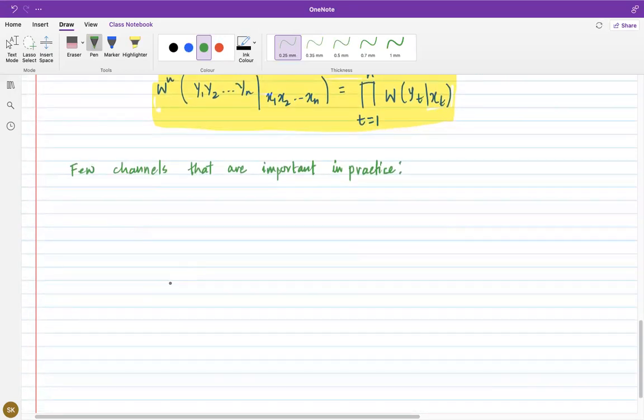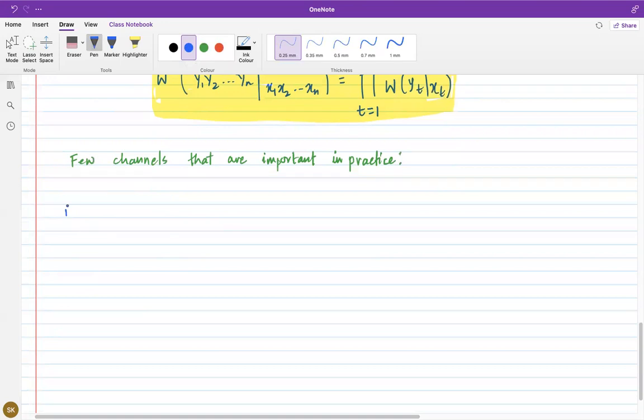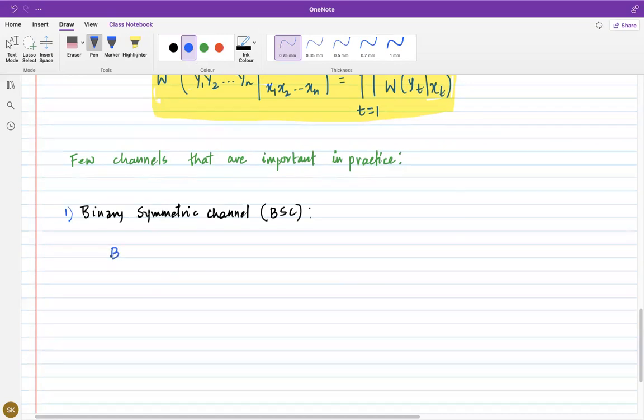We'll begin with the first channel, which is the binary symmetric channel. Binary symmetric channels are specified by a particular parameter, which is delta. In particular, we say that we have a binary symmetric channel, BSC, which has a parameter called delta, known as the crossover probability.